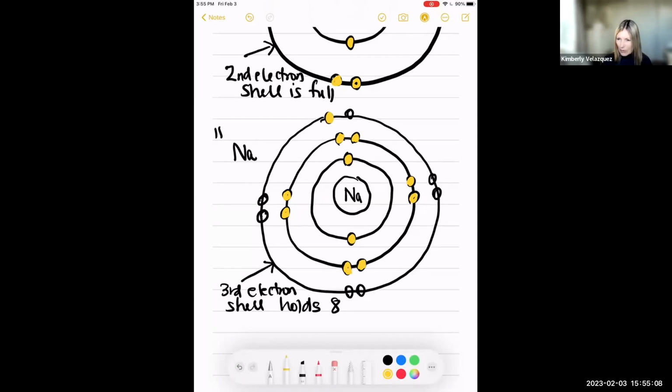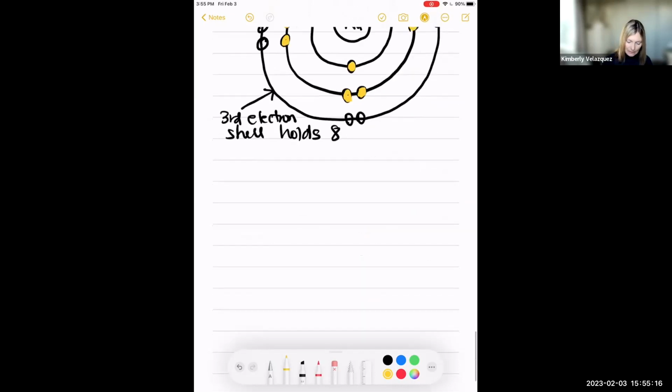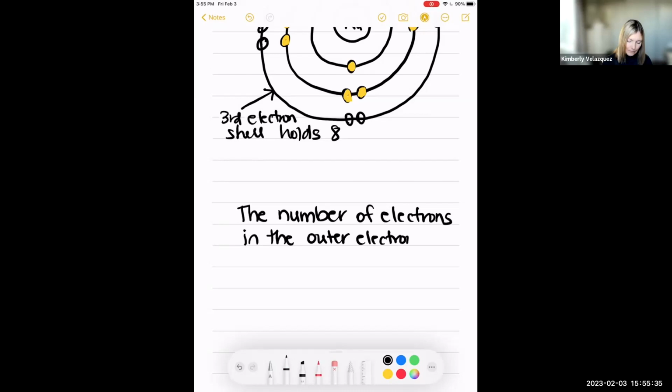There's something very important about this story that I'm now going to write, and then we'll go back and look at what that means. The number of electrons in the outer electron shell of an atom determines the chemical behavior of an atom.